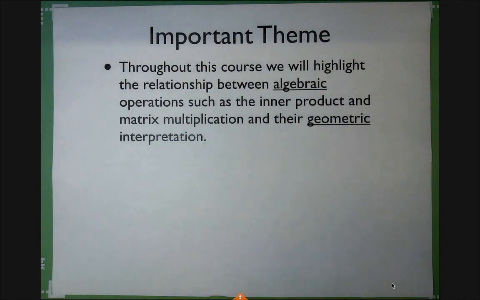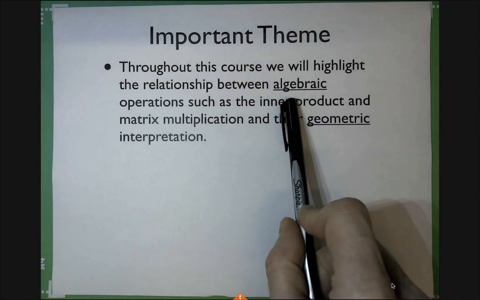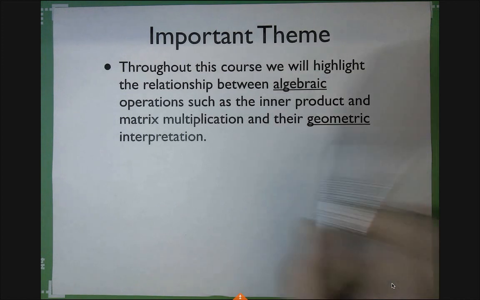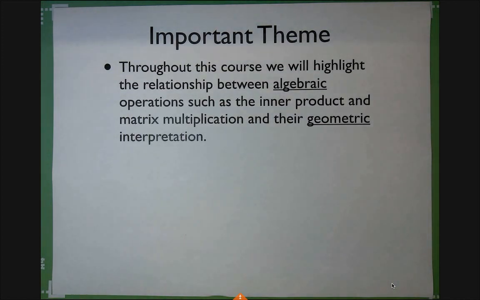what is algebra and what is geometry? In general, algebra, and I mean abstract algebra, I don't mean the high school level algebra where we just manipulate expressions. Algebra is about studying sets with some special operations on them.